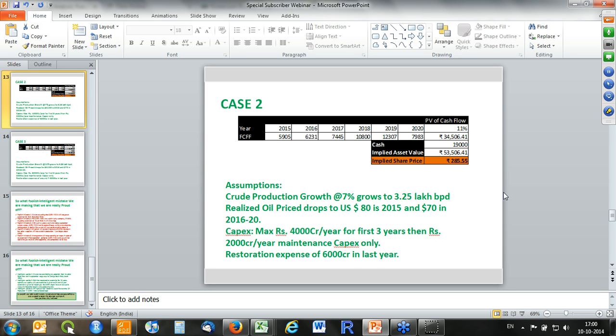Now, crude falling down seems to be a very negative scenario for Cairn India, and that is true if we look at Cairn India only as an oil producer. But when we look at Cairn India as also having a strong exploration portfolio, then crude prices falling down is not necessarily very bad. One of the few things missed by most people is that oil production can be controlled at times.